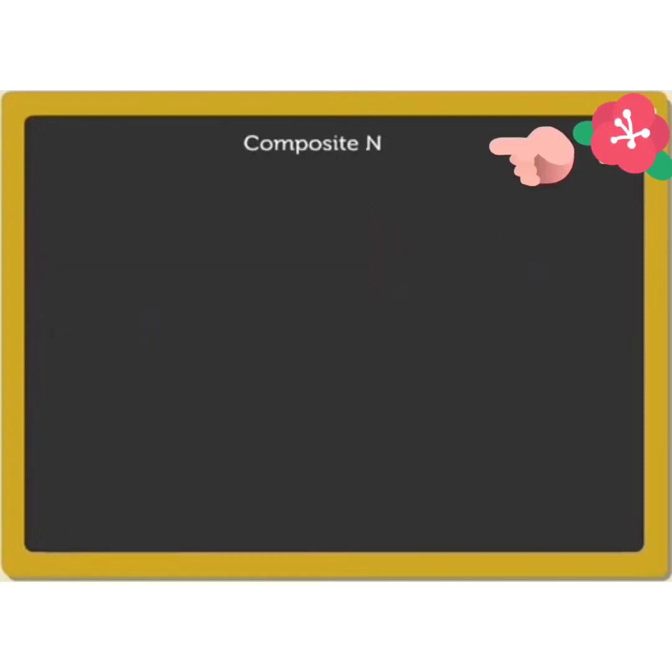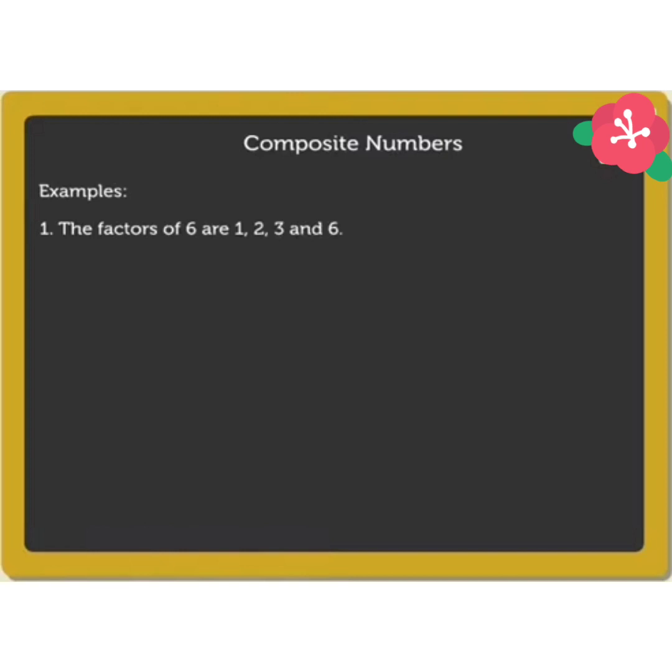Composite numbers. Look at the examples. The factors of 6 are 1, 2, 3 and 6. The factors of 14 are 1, 2, 7 and 14. The factors of 20 are 1, 2, 5, 10 and 20.